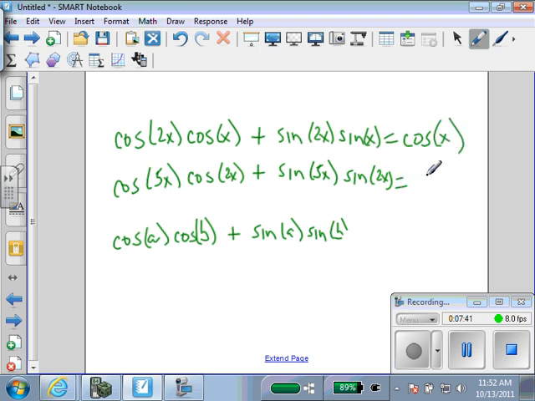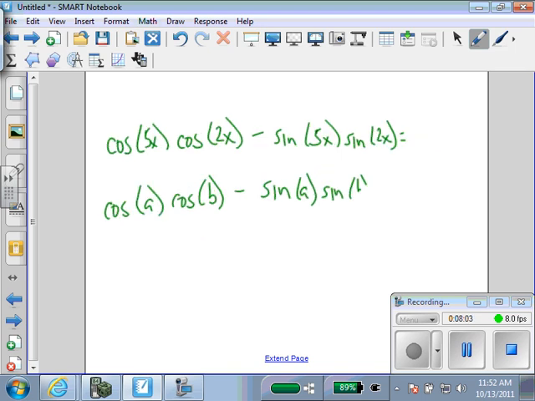And you type this one in, cosine 5x, cosine 2x, plus sine 5x, sine 2x. You'll again see a cosine wave. You won't see 7 of them. You'll see 3 of them. So cosine A, cosine B, plus sine A, sine B will definitely give us a cosine wave. It will give us A minus B of them.